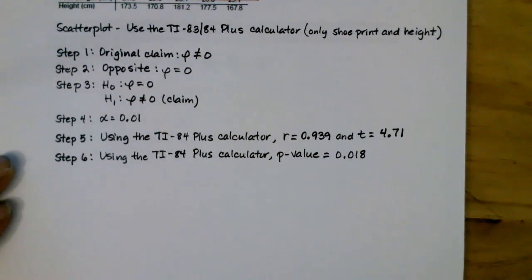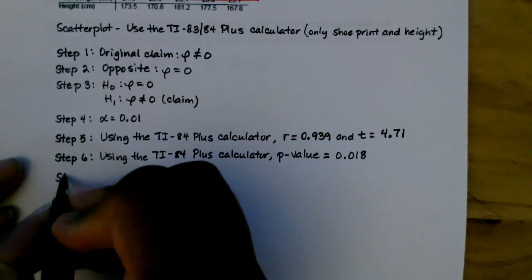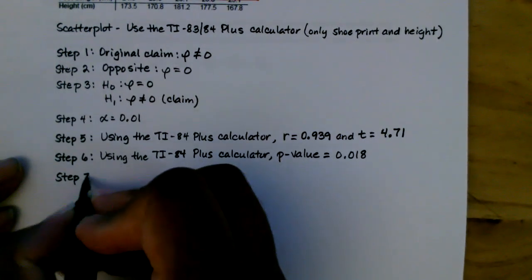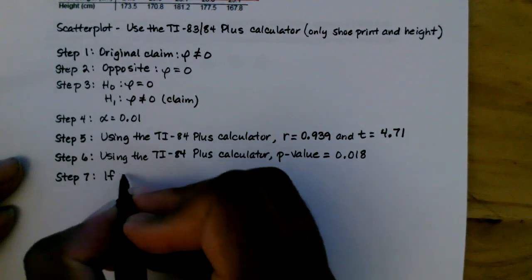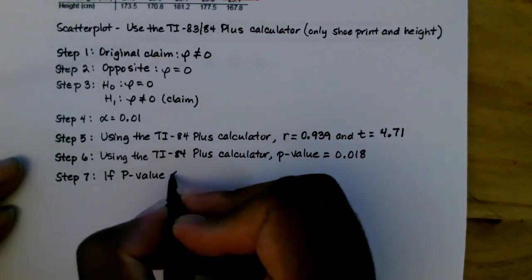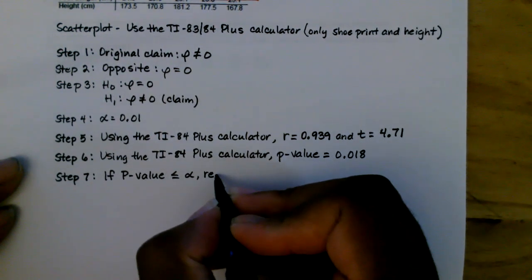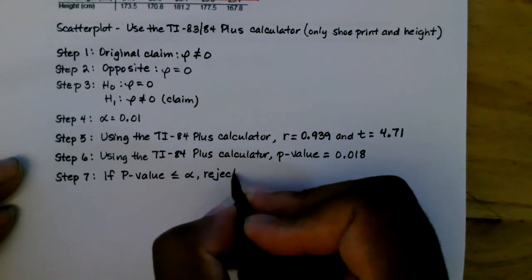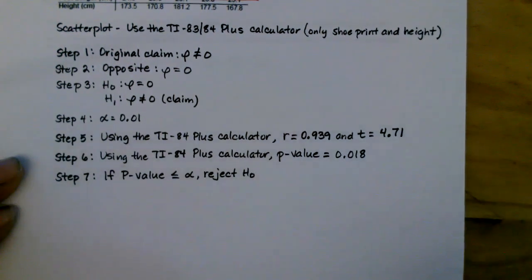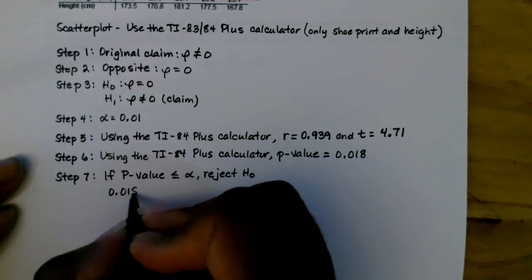Now we're going to compare the p-value with our level of significance here. So in step number 7, the decision rule is this. If the p-value is less than or equal to your level of significance, or alpha, reject the null hypothesis. And here the p-value is 0.018.